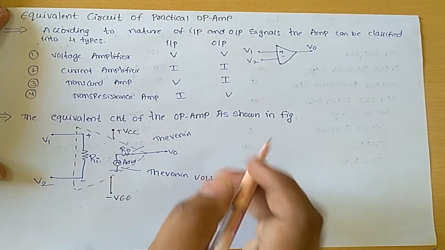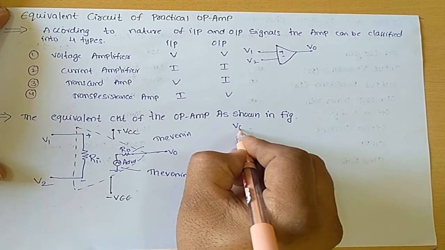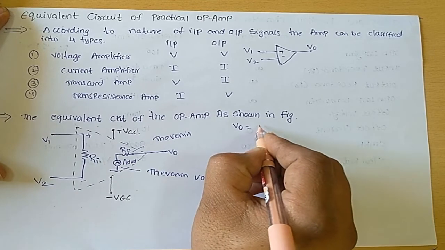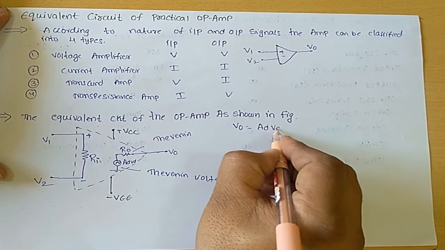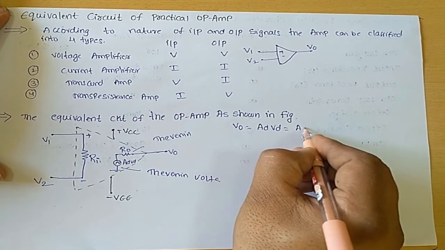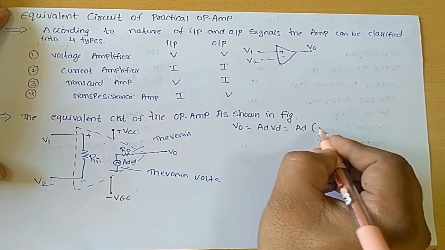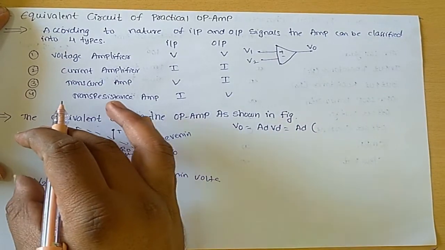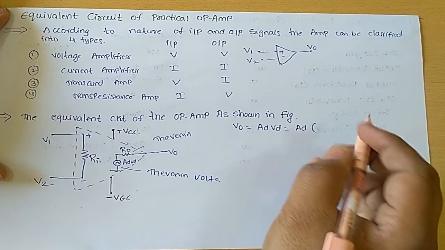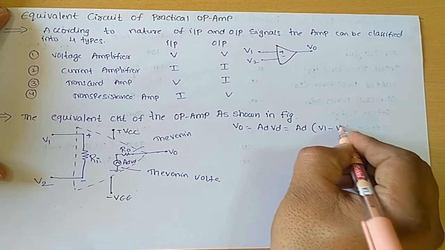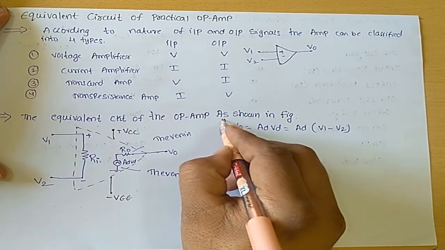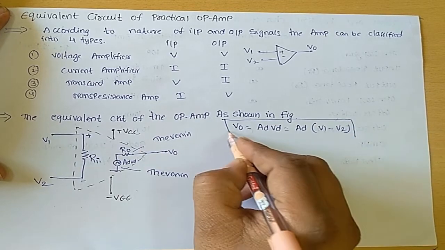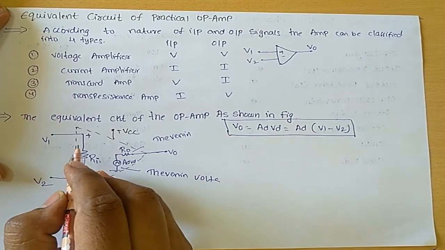In this operational amplifier, the output voltage V0 equals AD into VD, where VD is the difference between the non-inverting voltage and the inverting voltage, that is V1 minus V2. This is the output equation of the operational amplifier.